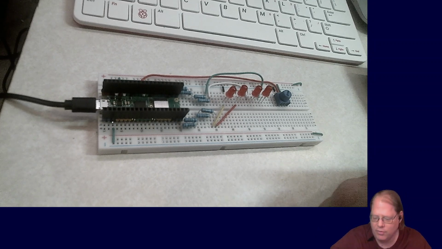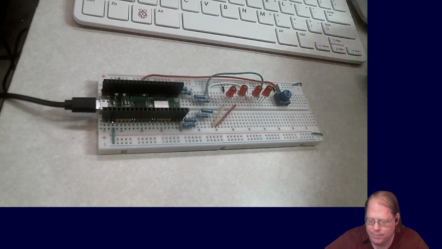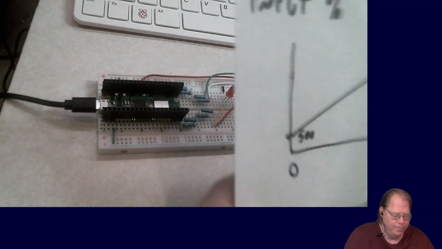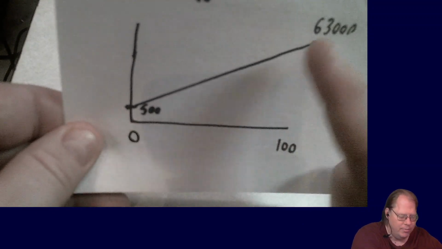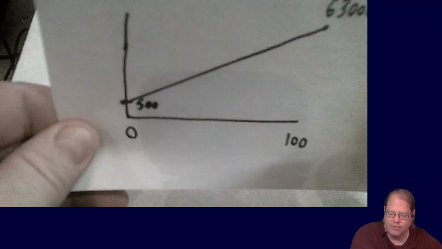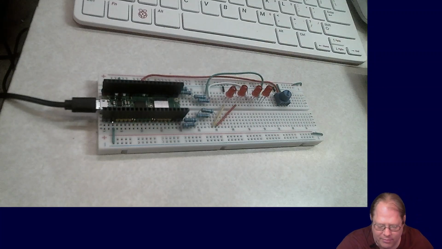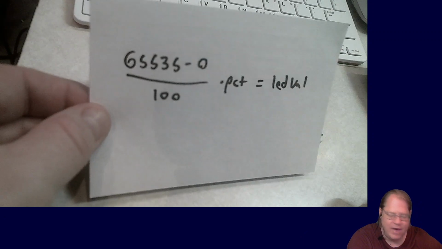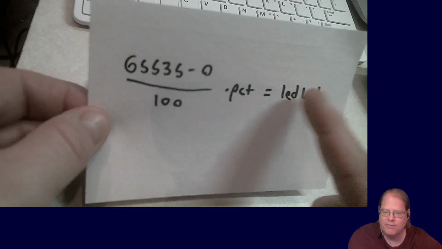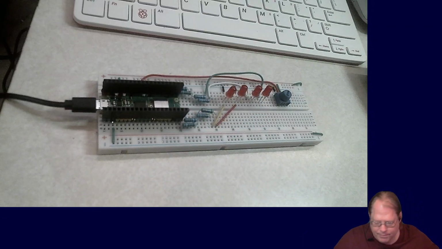So if I were to do a point slope like this, it would just be a line from 0, 0 to 65, 535. So I don't have to do quite as much advanced math. I can just simply take 65,535 over 100 times my percent value and write that out to the LED.